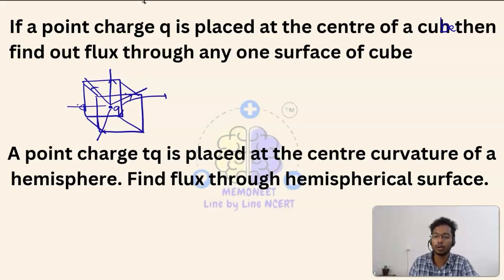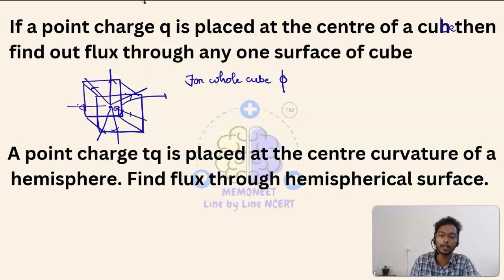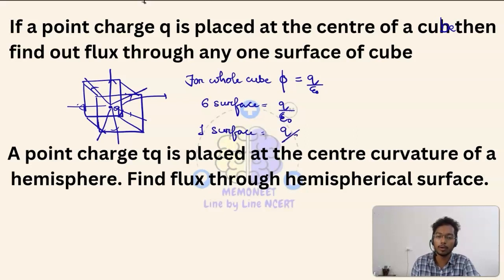For the whole cube, the flux phi is equal to q upon epsilon naught. The cube has six surfaces, so for one surface we have q upon 6 epsilon naught. So this is the answer.